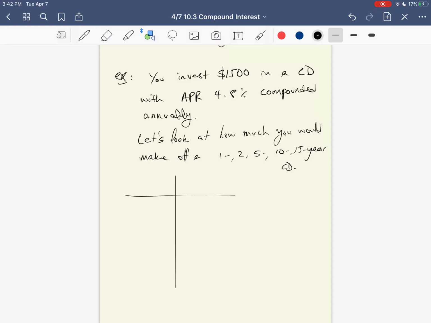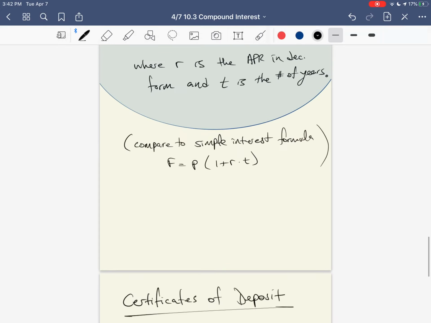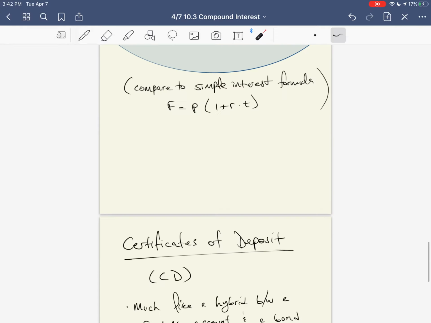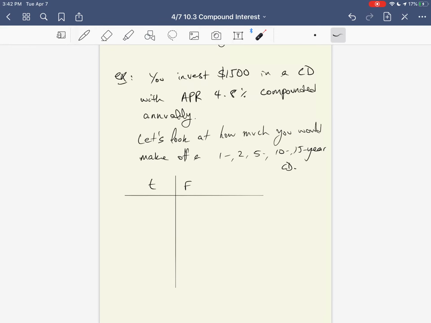So here we'll have the time, and here we'll have the amount of money, F, for which we're going to use our formula from up here. F is P times 1 plus R to the T. So here, our principal is 1,500 and R is 0.048. R is the APR expressed as a decimal.